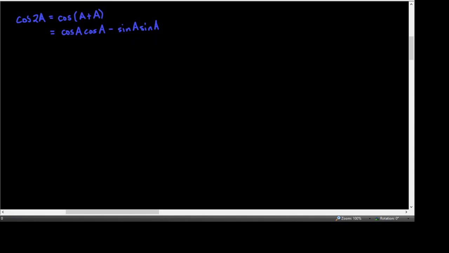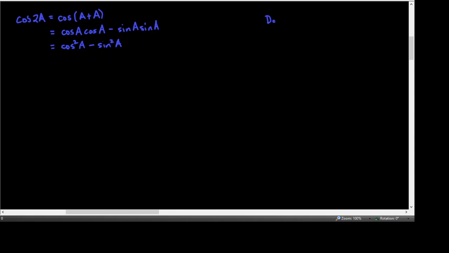And of course, because they're identical angles, we can call this cosine squared A minus sine squared A. So that's our first double angle identity.